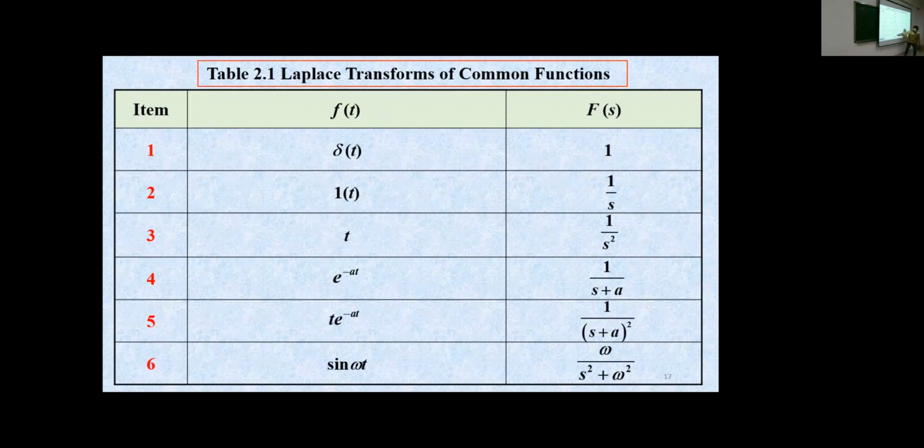And how about the time coefficient times the exponential function? This is 1 divided by s plus a squared. And sine omega t, this should be omega over s squared plus omega squared. How about cosine? Okay.